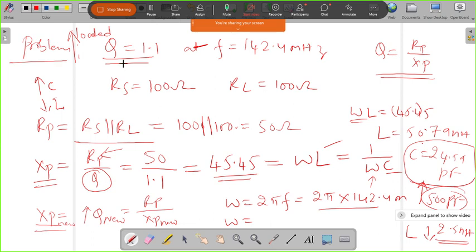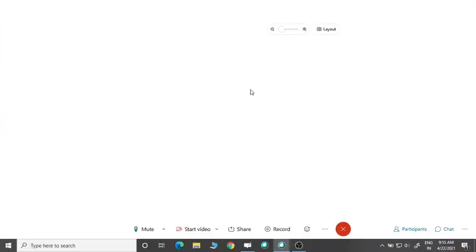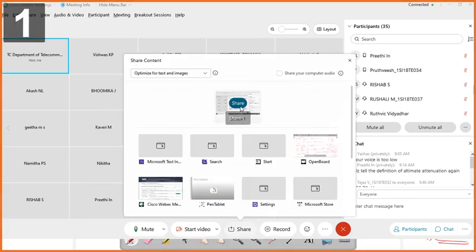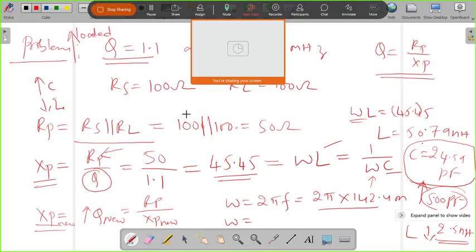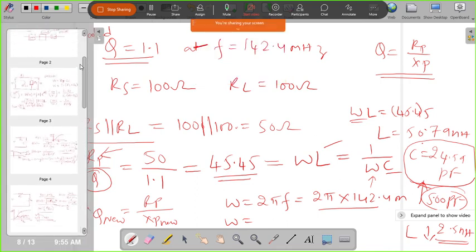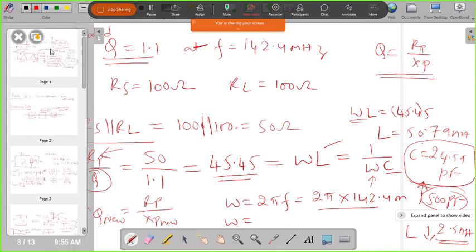Preeti, you asked about the ultimate attenuation definition. The ultimate attenuation is the maximum range of attenuation outside the passband, which we have discussed here.